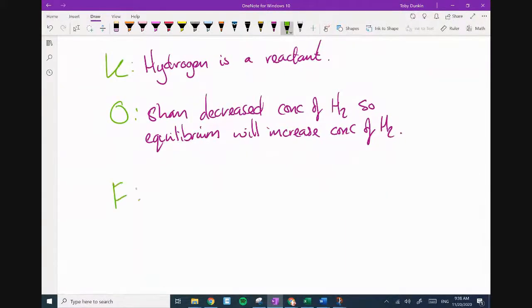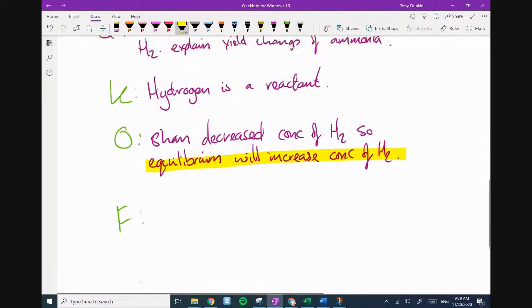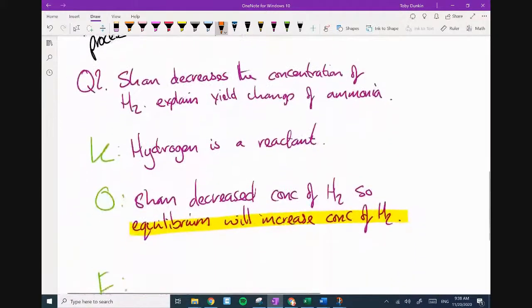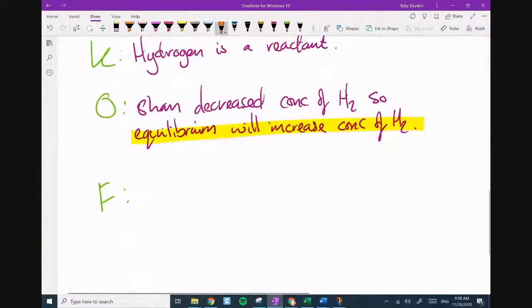Next, favor. So how is the equilibrium going to increase the concentration of hydrogen? It's going to go the back. It's going to favor the reverse, the backward reaction. That's the way to make hydrogen, and it's trying to increase it.